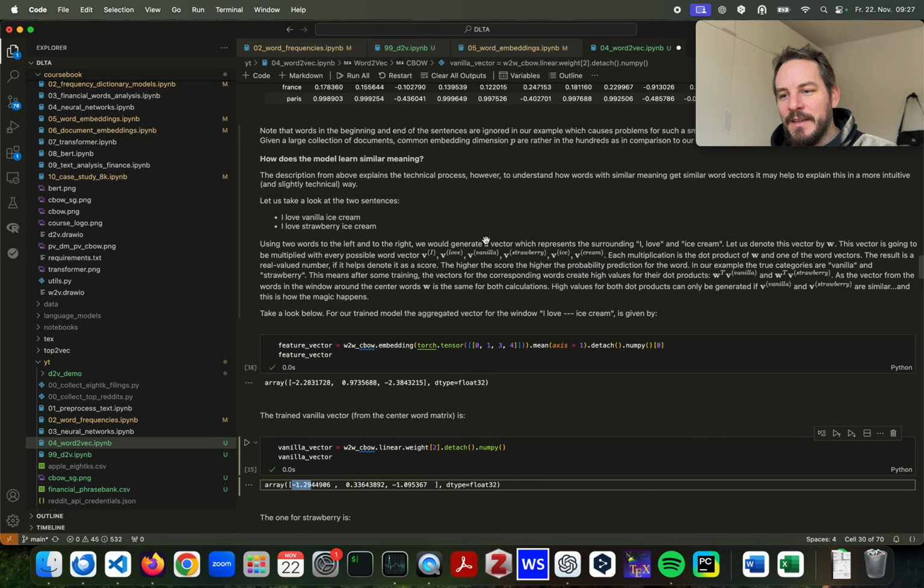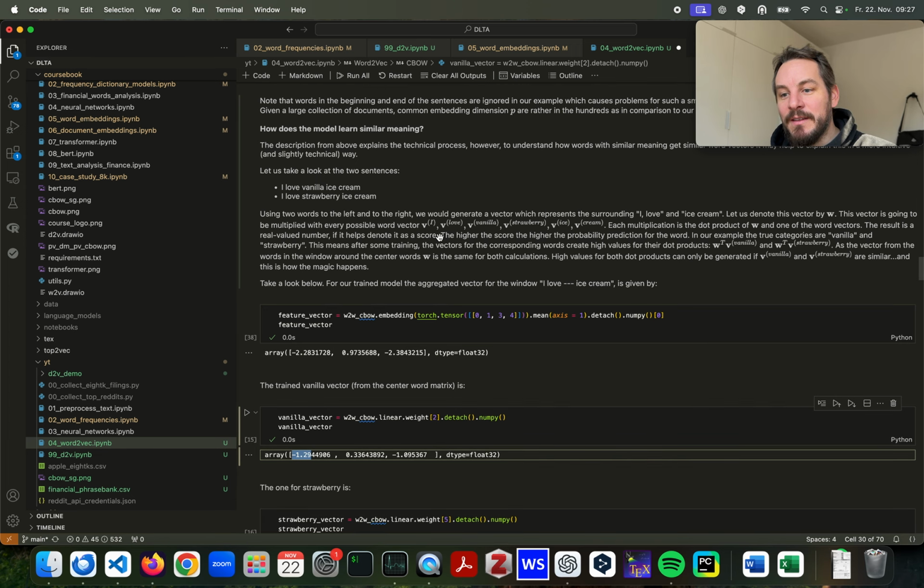But the similarity, again, comes from vanilla and strawberry being trained to be similar to each other, in that extreme example, without seeing each other together. The terms vanilla and strawberry are never used within one example during training.